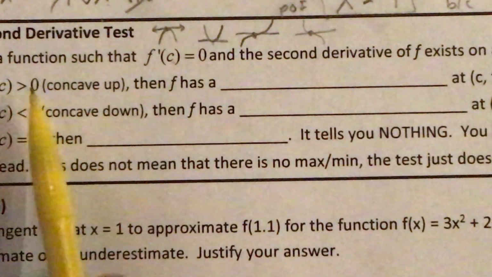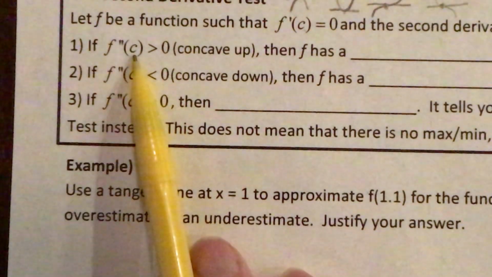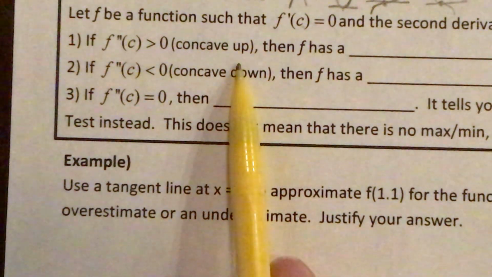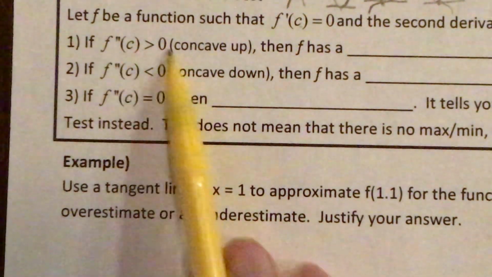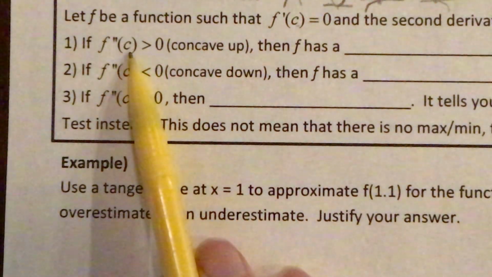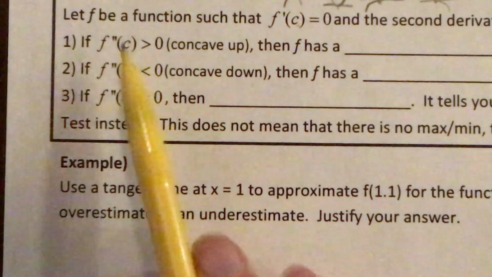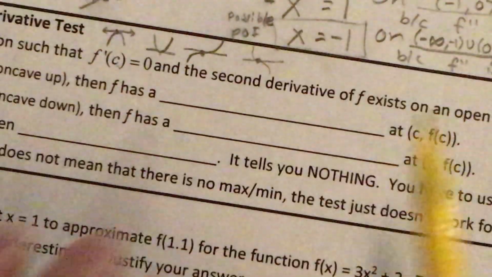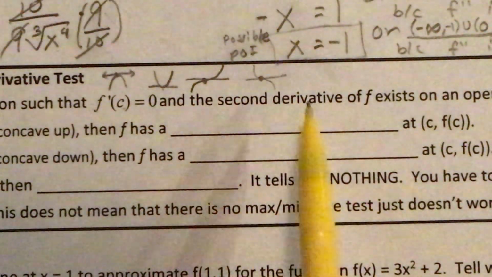If we know that f double prime is positive, so your graph is concave up in the interval surrounding our critical number, which picture does that look like?